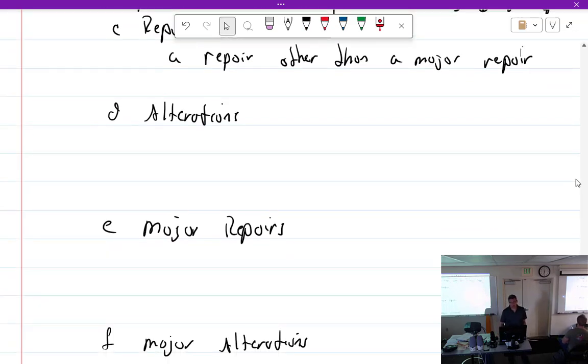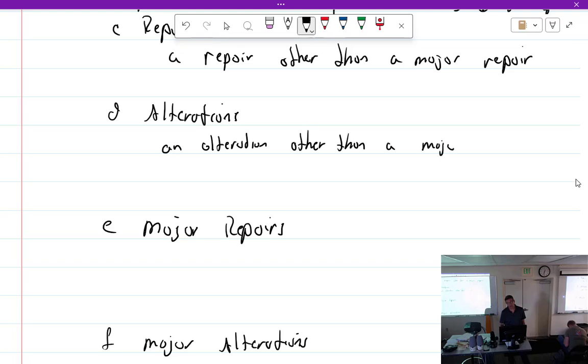Alteration means an alteration other than a major alteration. That was even more helpful. Where do I find that one? FAR 1. There we go.